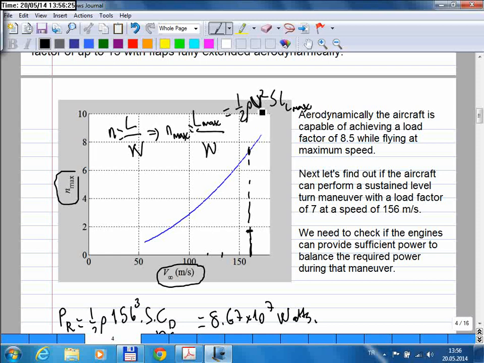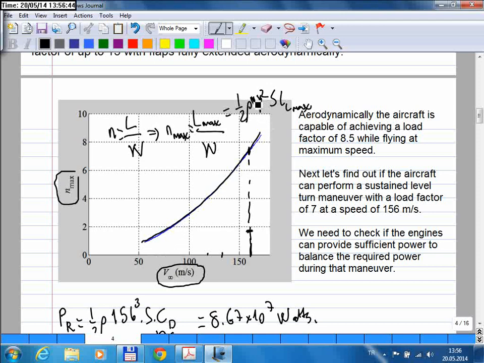And as you can see, it changes as a function of speed, and it has this parabolic relation with speed, right? So from here we conclude that if the flight speed is increased, then the maximum load factor your aircraft can have increases.